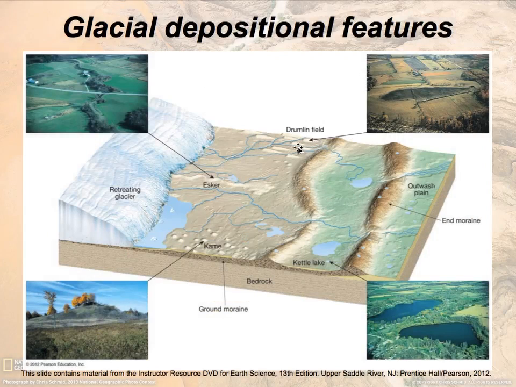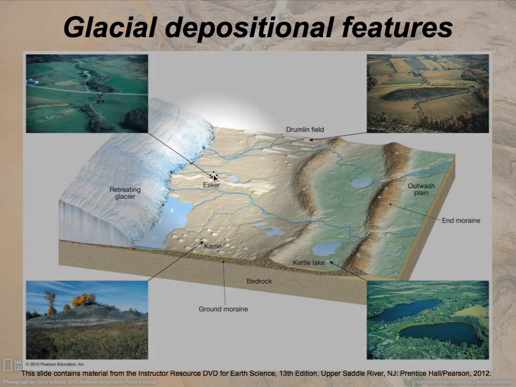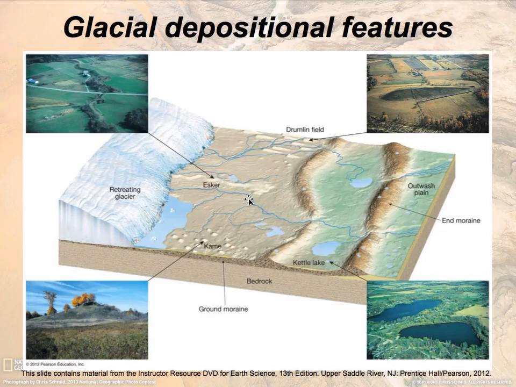What's left after a glacier retreats from different areas? You have eskers, which are features caused by flowing water deposition coming out from the bottom. Kettle lakes are depressions in the ground that can accumulate water, left by large boulders or just the weight of the glacier on that area.